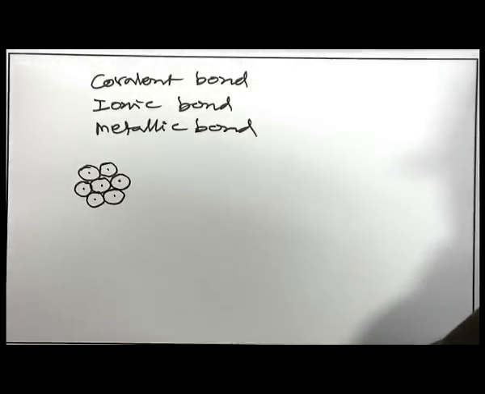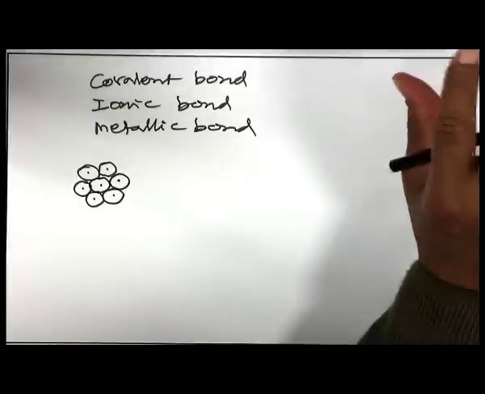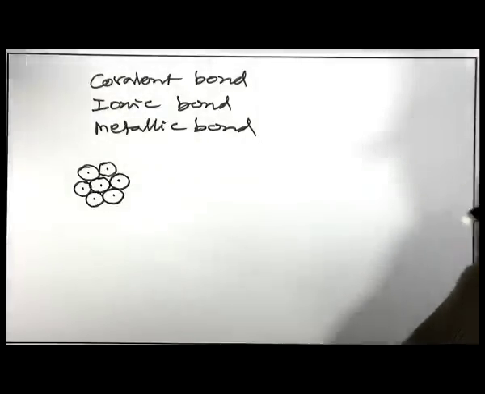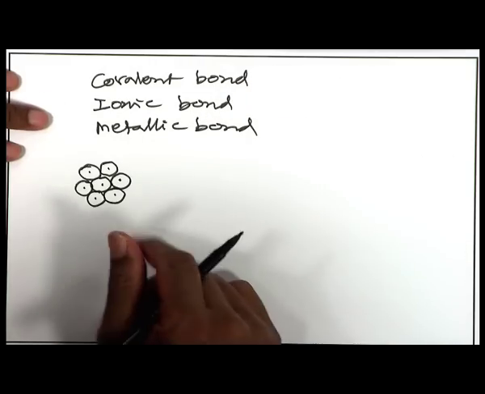Unlike covalent bonds, in which a pair of electrons is shared between a pair of atoms, in metallic bonds electrons are shared not only between two atoms but among several atoms in metals.